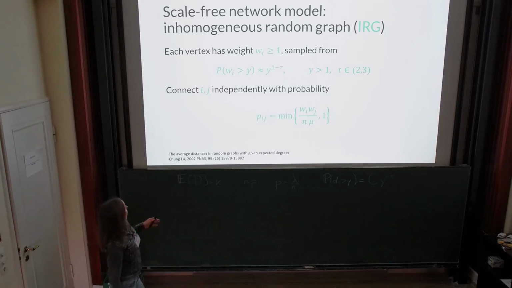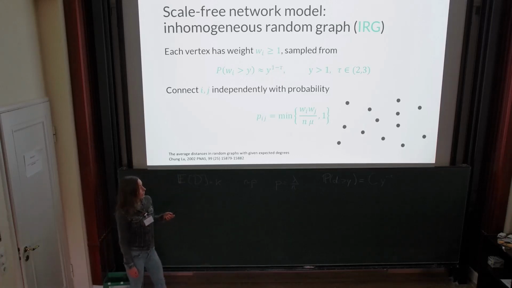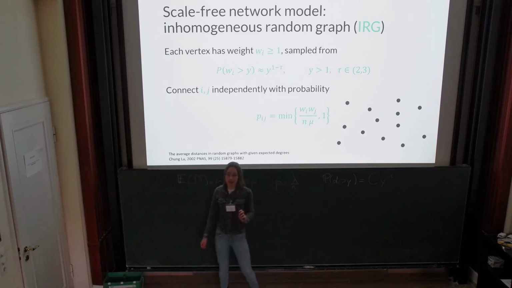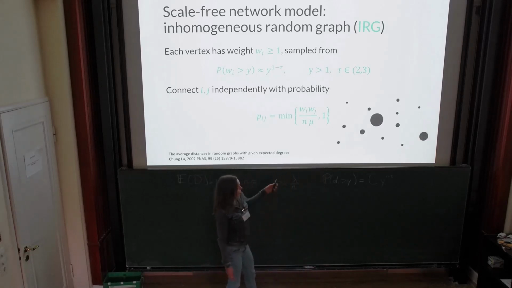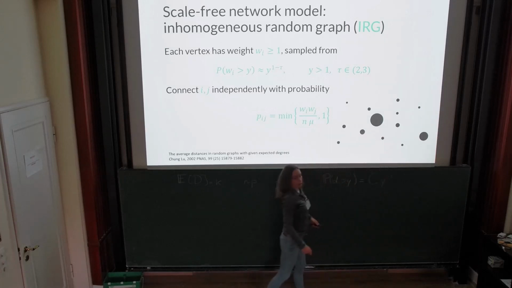So one of the simplest models to analyze is that you have, again, n vertices. And then for each of these vertices independently, you draw a weight from this power law distribution. So you give them all a weight, so this vertex is kind of high weight, but some of them will have lower weights.